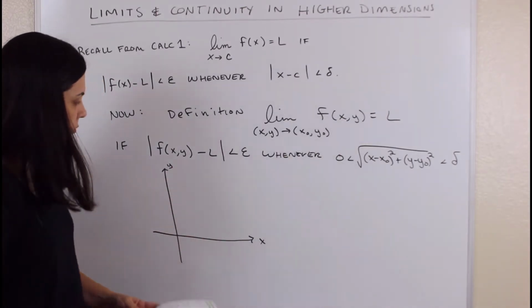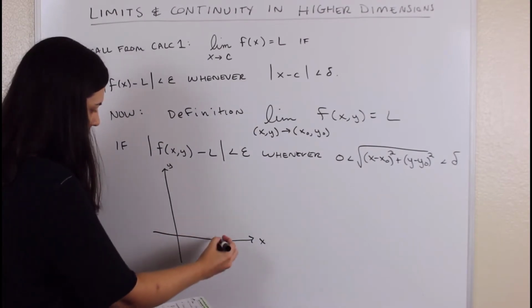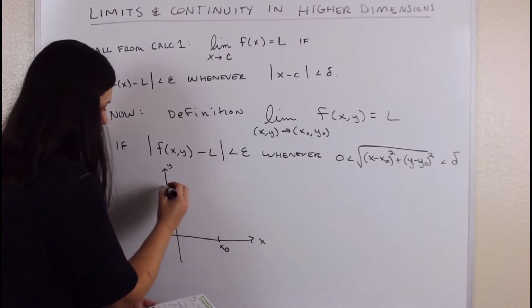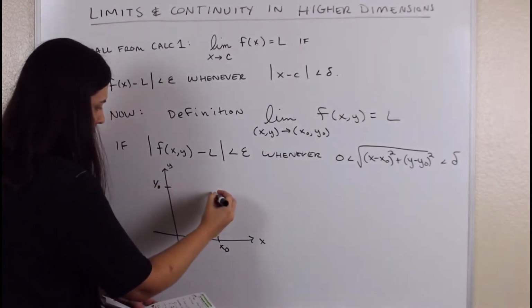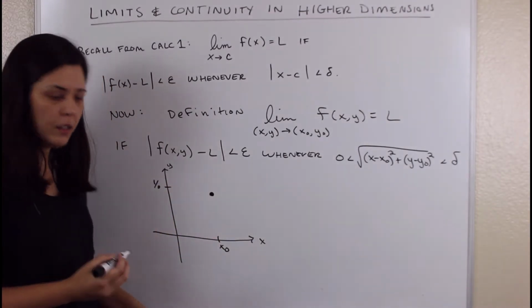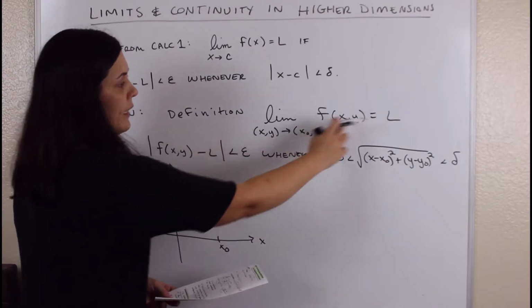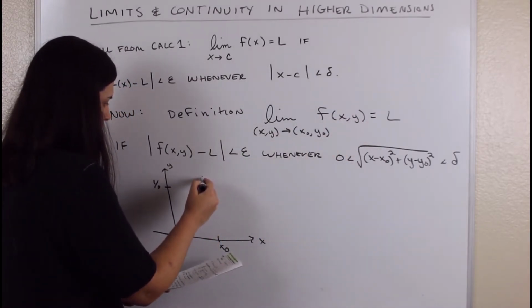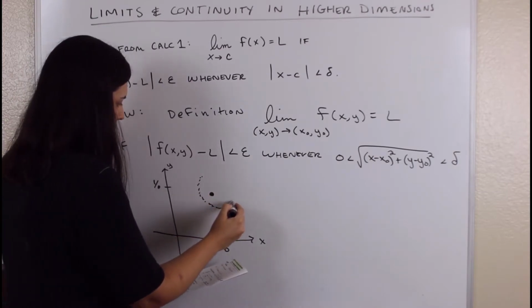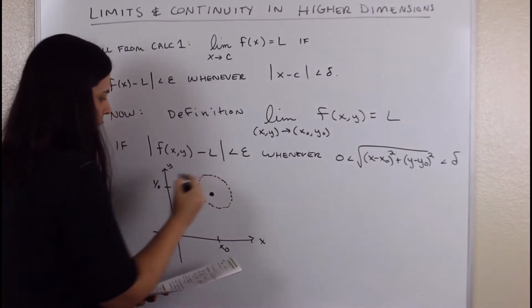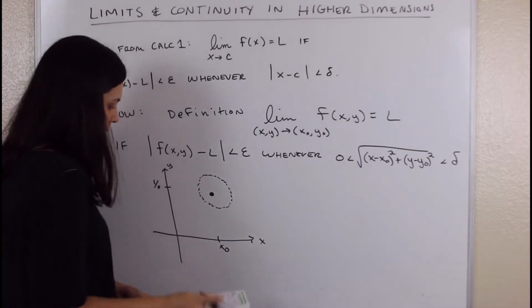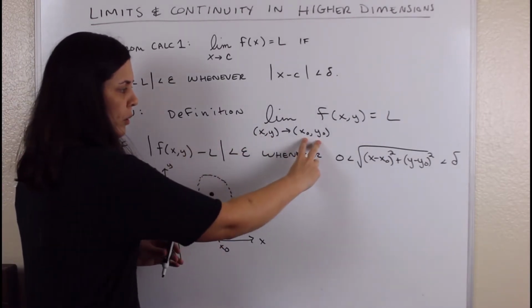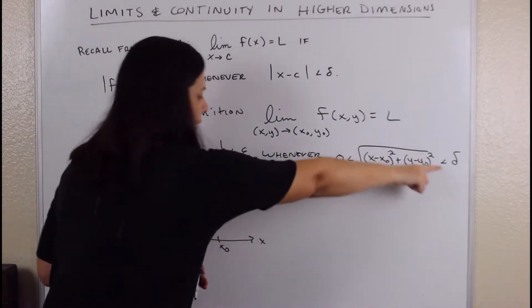And so visually, let's say my x naught that I'm approaching is here, my y naught is here, and so the point that I'm approaching in space is there as far as plugging things in. We say that this limit exists if I can create this disk around that point, and the distance between our x y and what we're approaching has to be small, has to be less than delta.